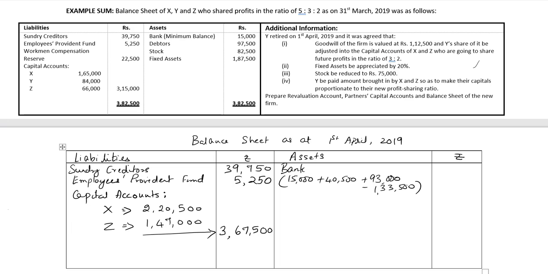So we get back the minimum balance, which is 15,000 rupees.